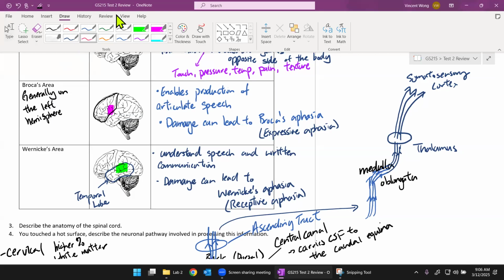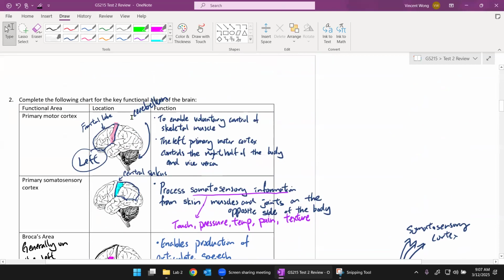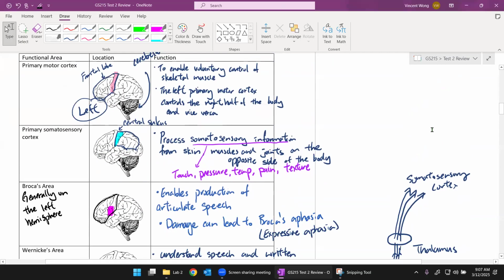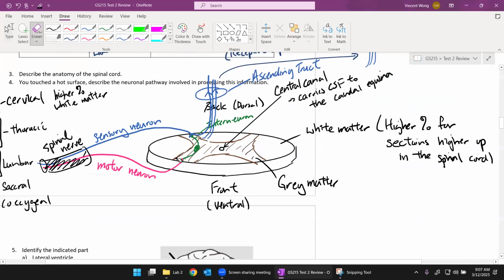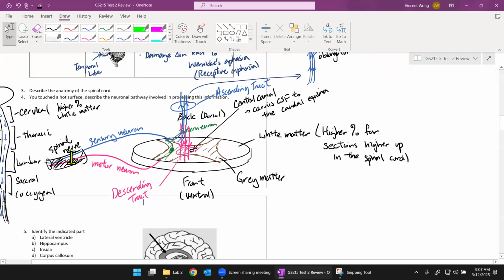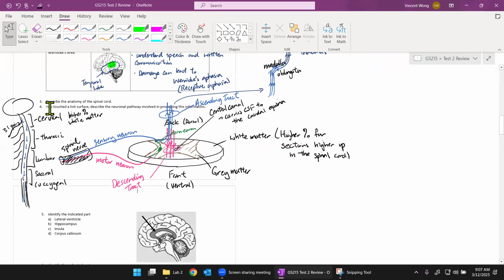Now, if actions are required, that's going to come from the primary motor cortex, and information will be coming down the spinal cord at the front. So these are descending tracks. This basically answers both question 3 and 4.